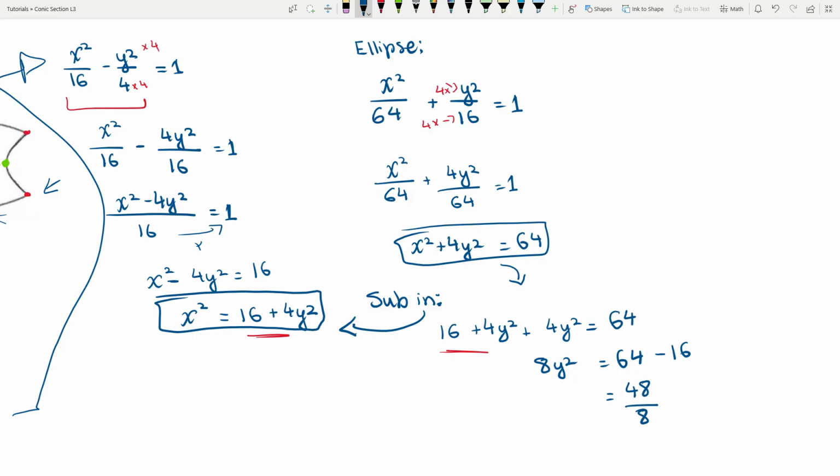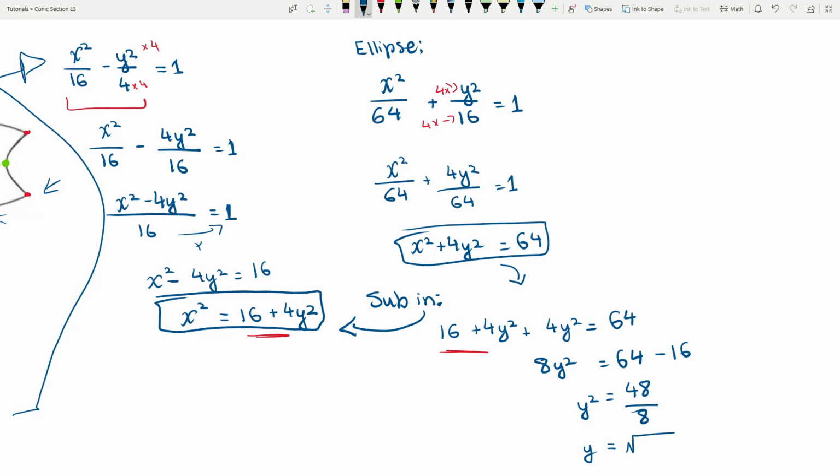48 over 8 y squared, and this should give us the square root of 48 over 8. 48 over 8 is 6.